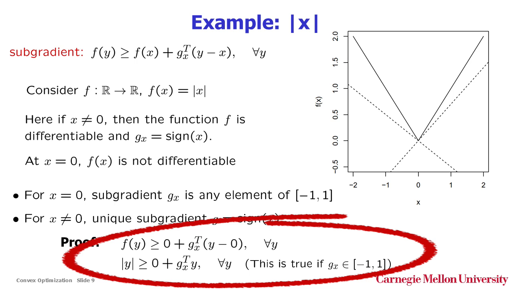Since f is the absolute value function, f of y is the absolute value of y. Putting all this together, we have to find those values where the absolute value of y is at least as big as gx times y. From this, it follows that gx has to be in the [-1, 1] closed interval.